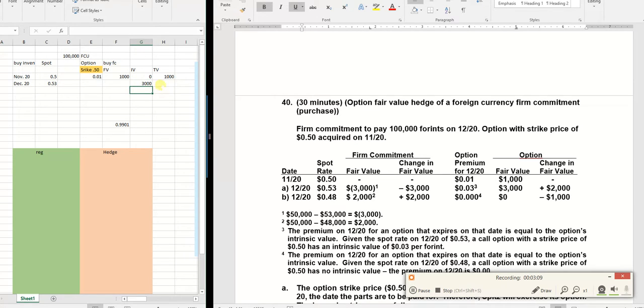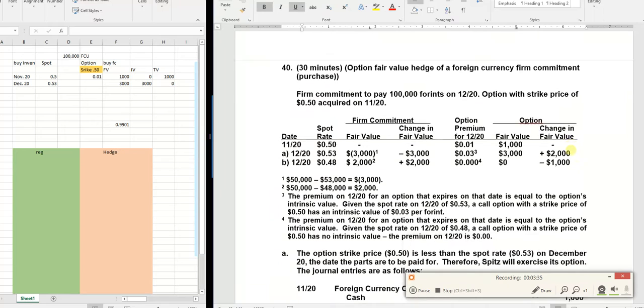I know that the thing is settled on the 20th because that's when it finished. So on the 20th, the settlement date, the time value has to be 0. So 3,000 plus 0 will give you the total fair value, so it's $3,000. Okay, so you can see that's what they have here, although it's going to be confusing when they have the part B also shown there.